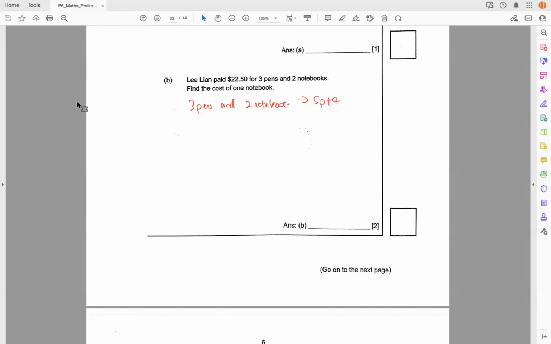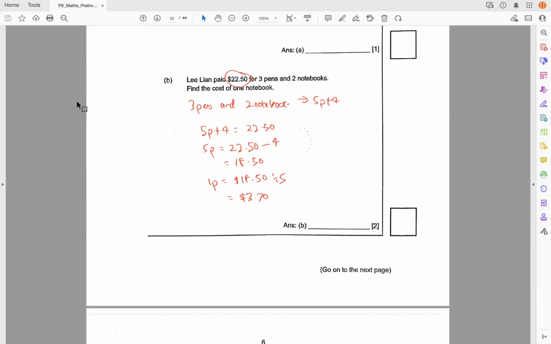Now, so this must be equal to $22.50. 5P plus 4 equal to 22.50. I remove all the units. 5P is equal to 22.50 minus away $4. You will get $18.50. Right? 1P, that's simple from here onwards, divided by 5, you get $3.70.